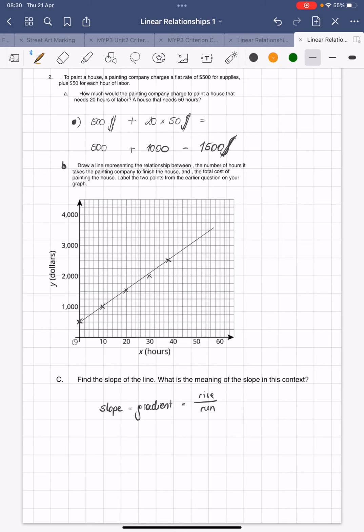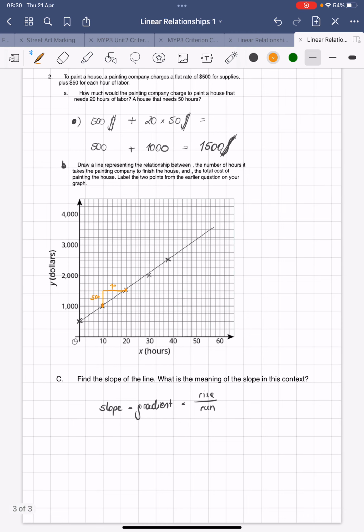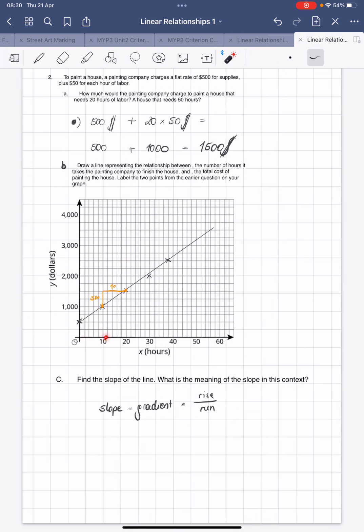If I am going to take a different color, if I rise from this point to this point, let's say if I rise, this is 500, I'm running 10. So 500 rise, run 10. Yeah? From your 10 to your 20, it's 10.